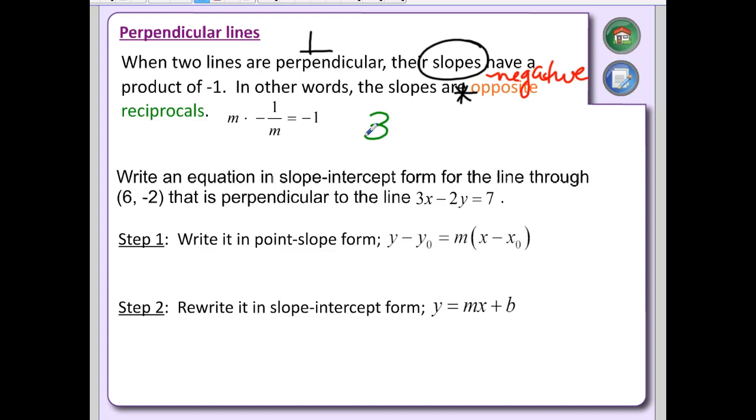Well, the reciprocal of 3 is 1/3. And what's the opposite of positive 3? -3. So 3 and -1/3 are opposite reciprocals. And again, if we multiply those together, the 3's would cancel, and we would end up with a product of -1.